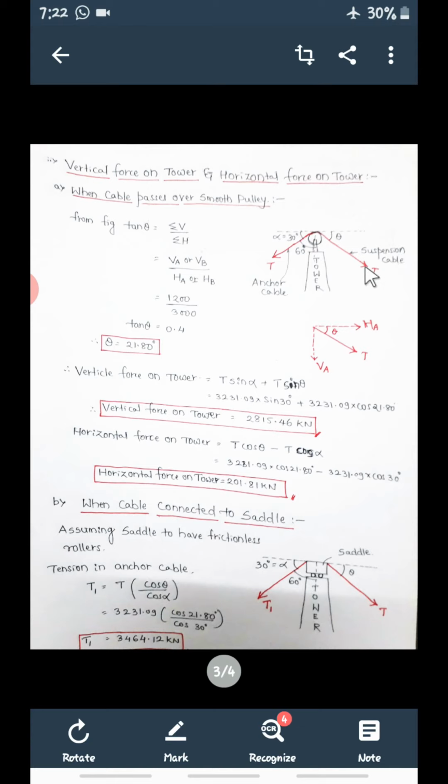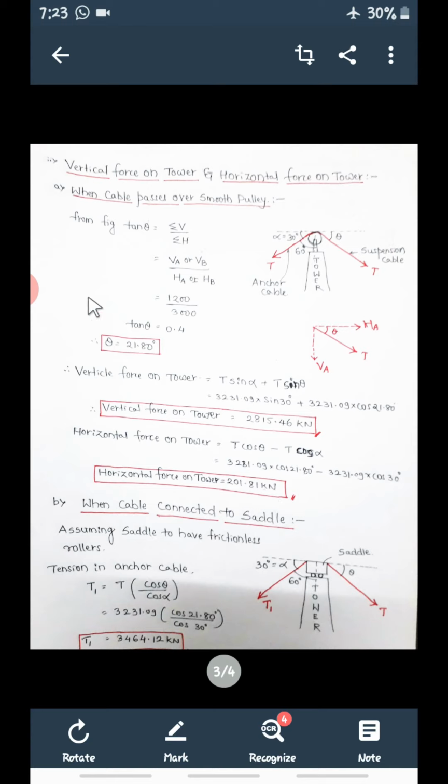Both will be cos for the horizontal. So the horizontal force is T cos theta minus T cos alpha, because this will be moving in the opposite direction. Again substitute the theta value and alpha value, and we will get the horizontal force on the tower.